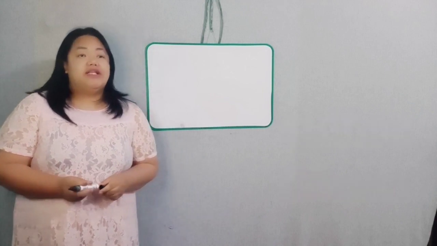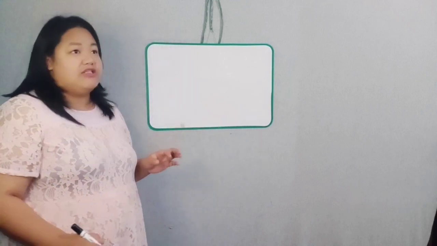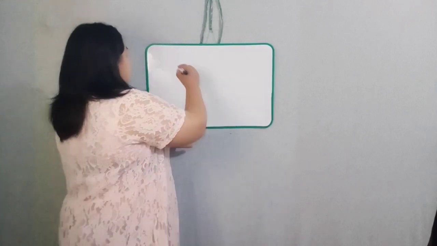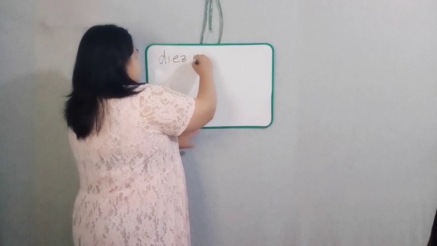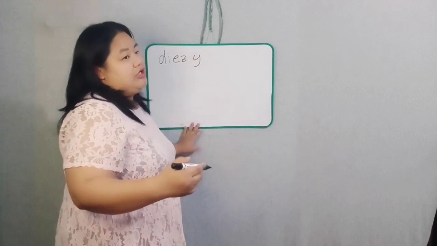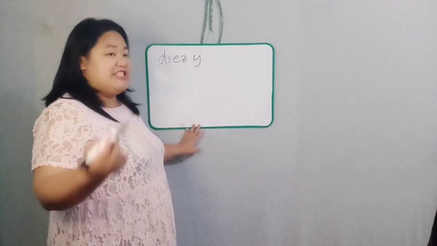Okay. Now, when it comes to 16 up to 19, you'll have a pattern for that, so it's easy to memorize. It's actually from 10 and then "and," like a combination of 10 and 6.